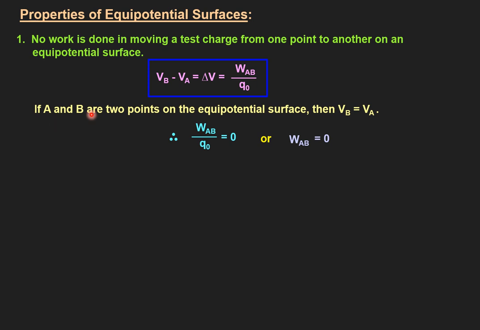Why? Because here the left hand side, VB minus VA, will be 0 because the potential is the same. That is the meaning of equipotential surfaces.